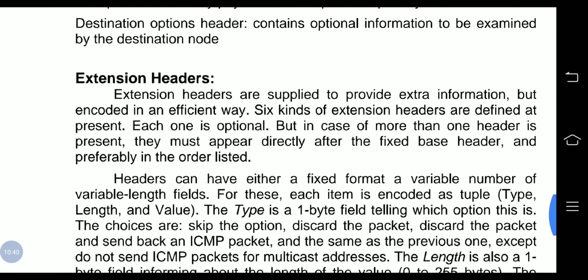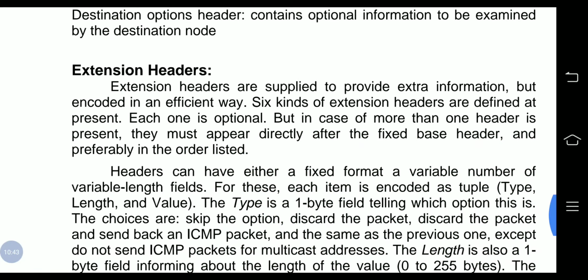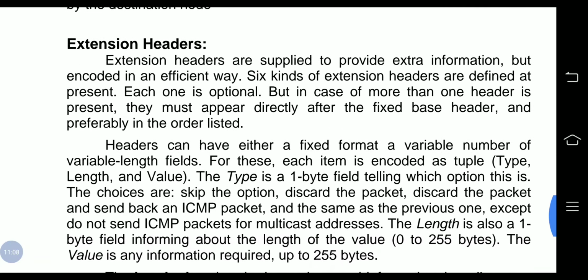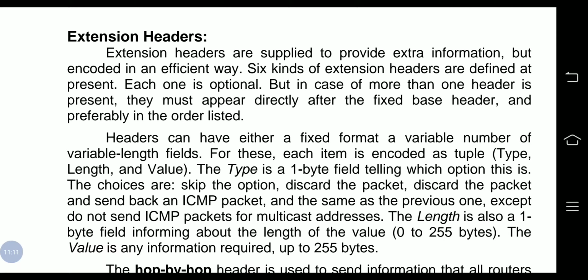So what are the extension headers, in short? Extension headers are supplied to provide extra information, but encoded in an efficient way. There are 6 kinds of extension headers at present. Each one is optional, but in case more than one header is present, they must appear directly after the fixed base header and preferably in the order listed.